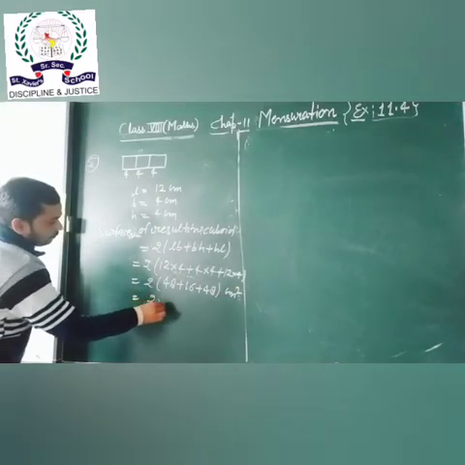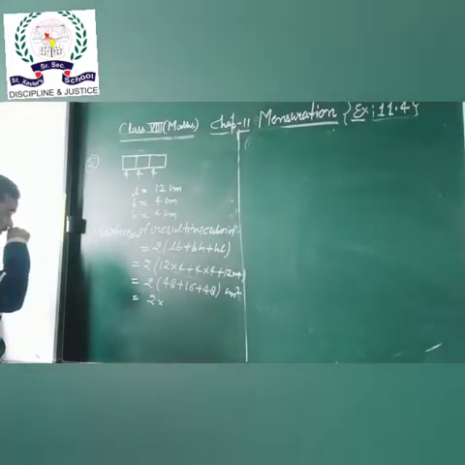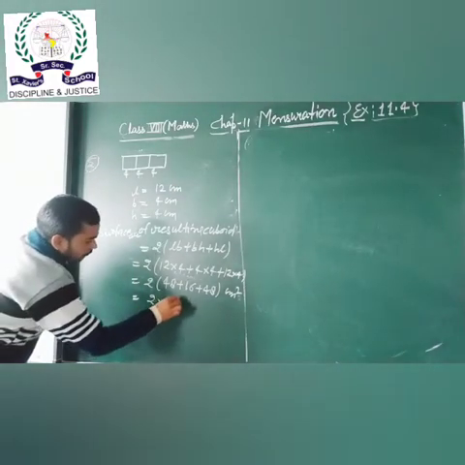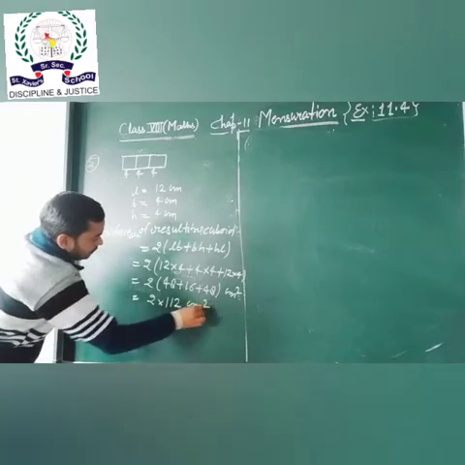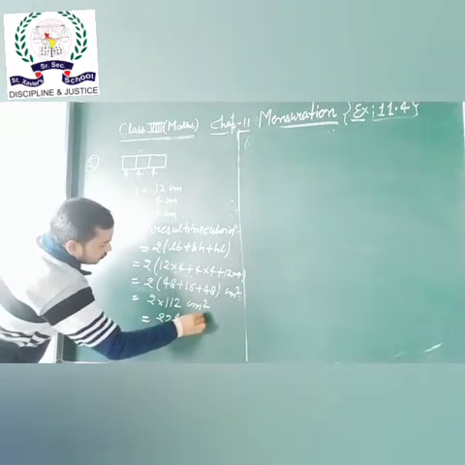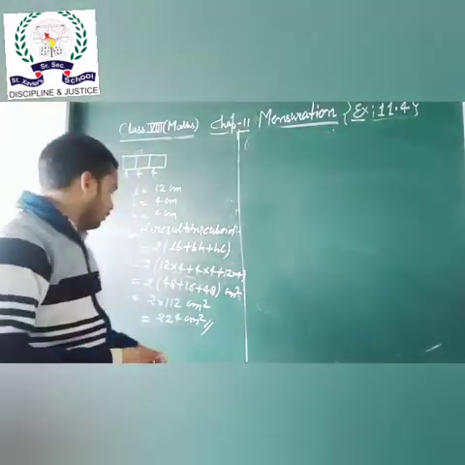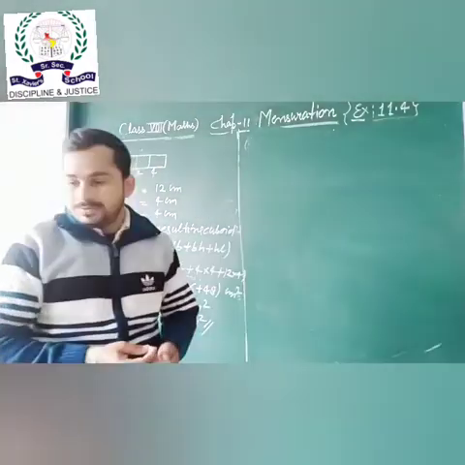So 2 into 48 48 96 96 plus 16 112. 2 into 112 centimeter square is equals to 224 centimeter square. So resulting surface area of the cuboid equal 224 centimeter square.